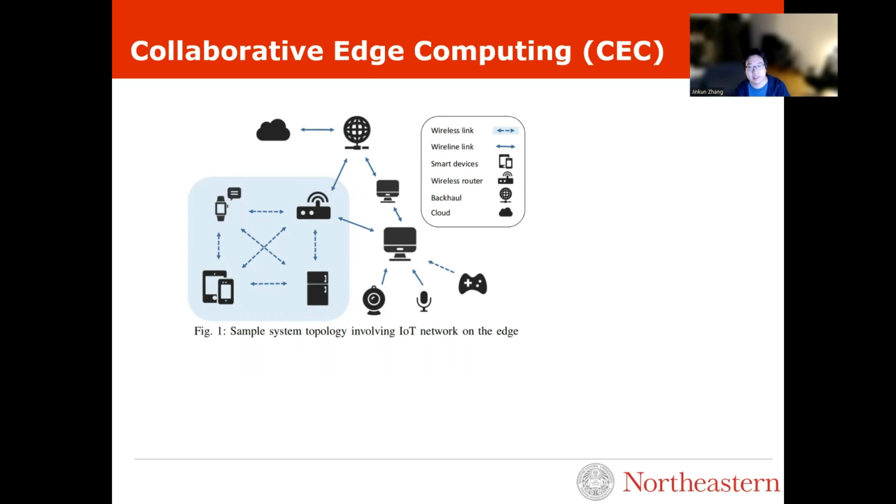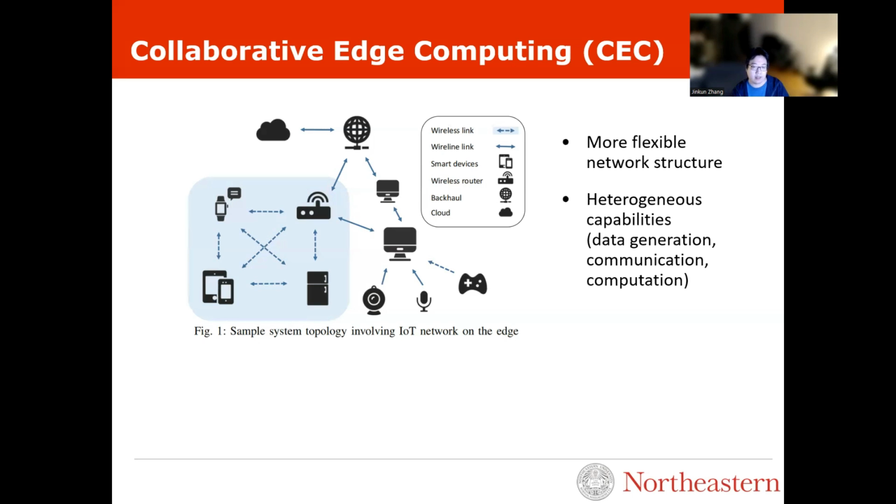The difference between CEC and EC is, first, CEC has a flexible network structure. It doesn't have to be a layered or hierarchical network where you have cloud, edge servers, and users, and they are all distinct. Instead, the components of a CEC network are just nodes and links.